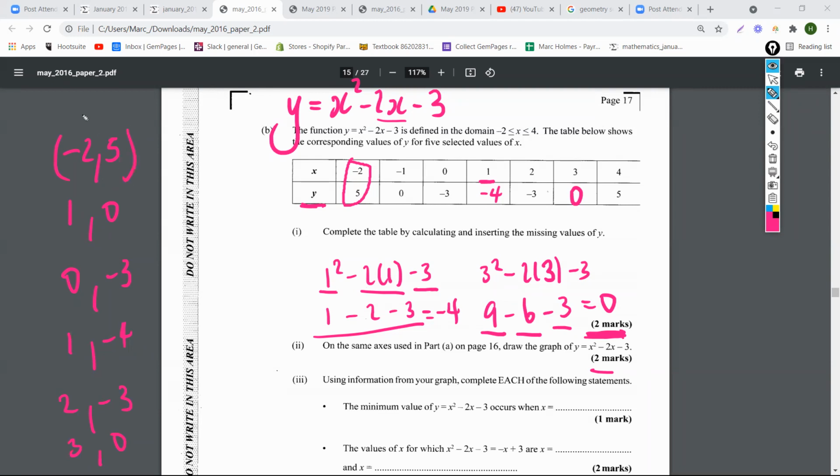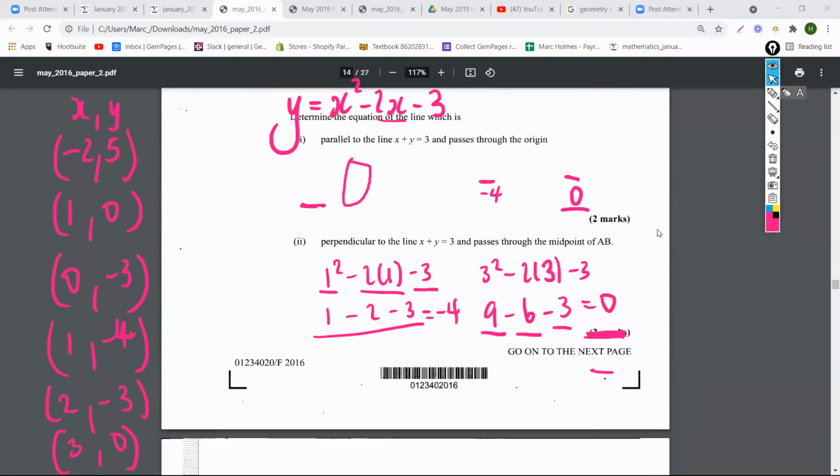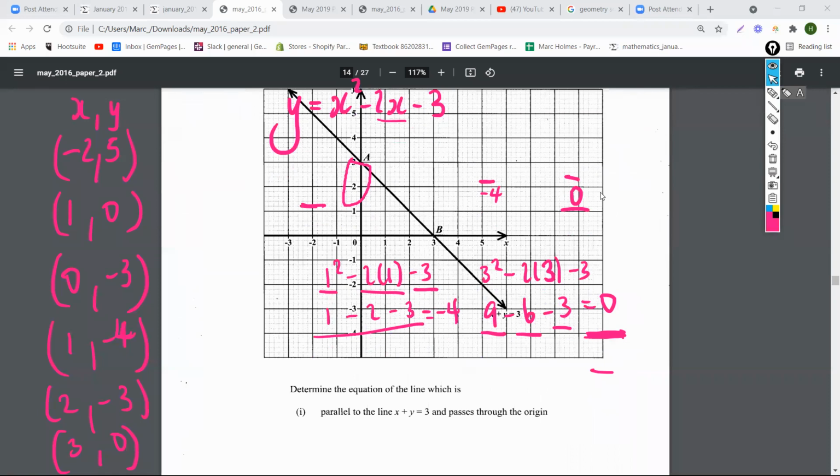These are X and Y values, by the way, guys. You just plot them on the graph. This is really easy, man. Find the 3 and the 0 on the graph. It's really easy, guys.